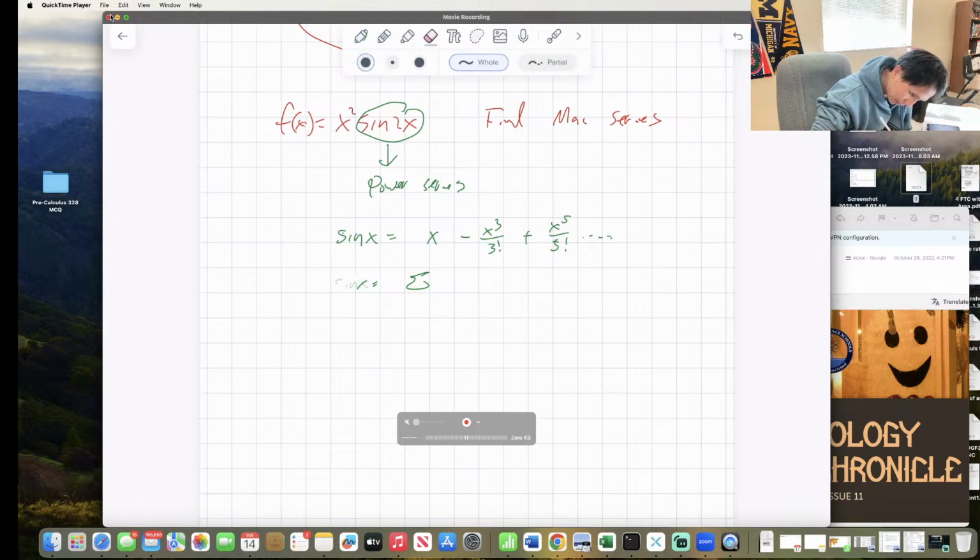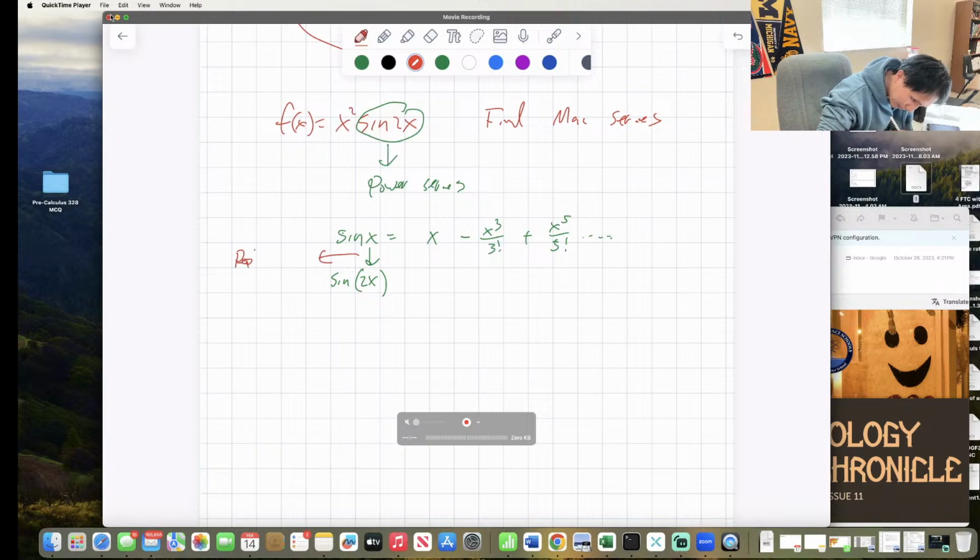Oh, sorry. I'm going to plug in sine of 2x. So sine of 2x, it just means you replace everywhere x with 2x.